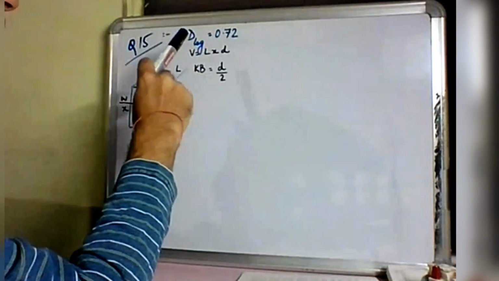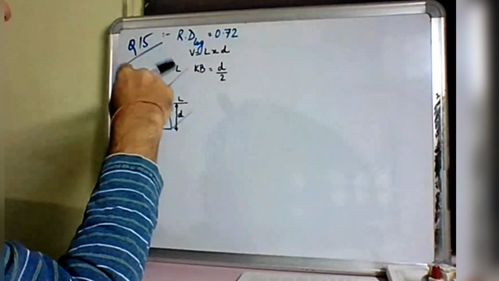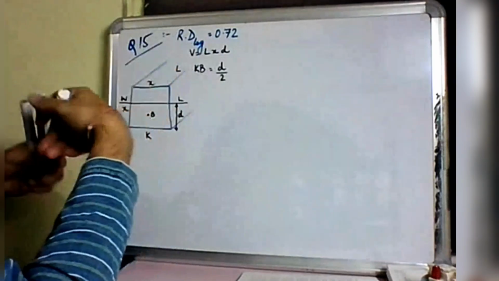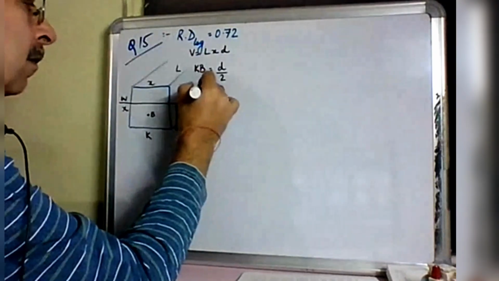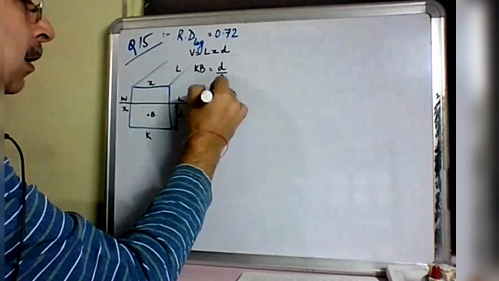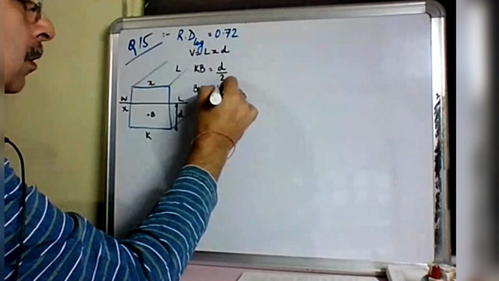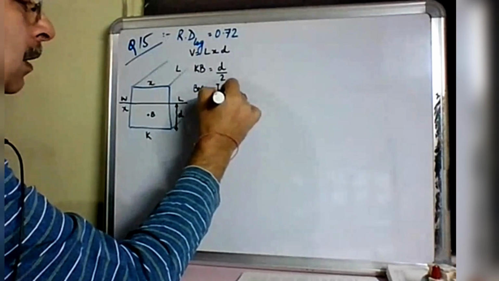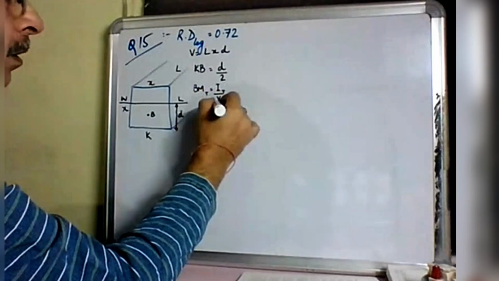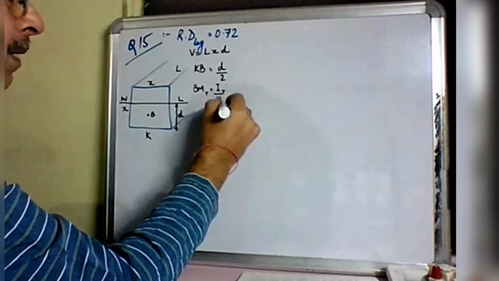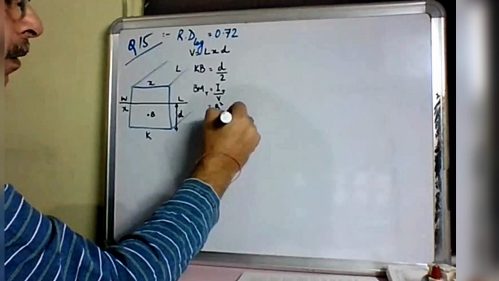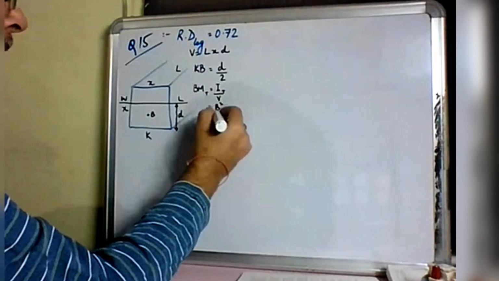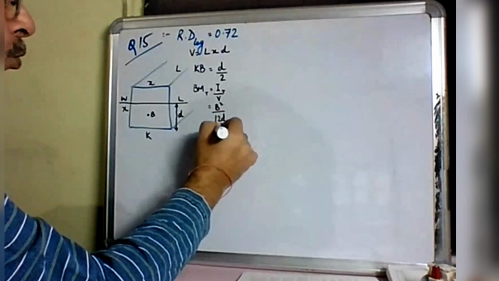So I have to be careful of that. So KB is d by 2. BMT is I_T by V, is equal to B square by 12d. Breadth is x, so x square by 12d.